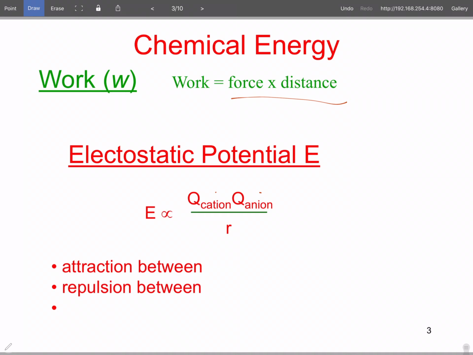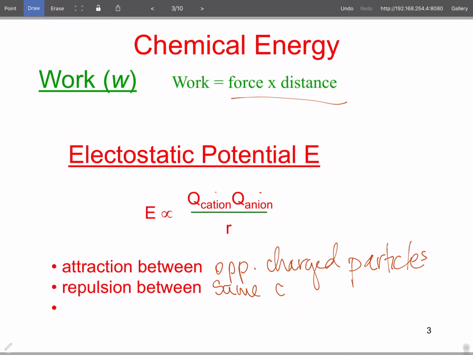They act like magnets. So you're going to have attraction between opposite charged particles, and you're going to have repulsion between the same charged particles. And we also have to include the distance between charges.